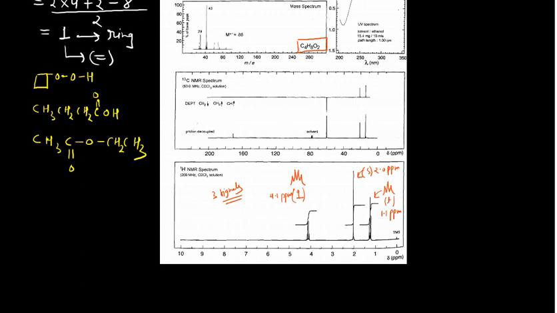So if we check the first one, this is type A proton, this is type B proton, this is type C, this is type D. So it should give 4 NMR signals, but you have been given only 3 signals. So this cannot be your answer. Okay. However, you can argue this particular point.